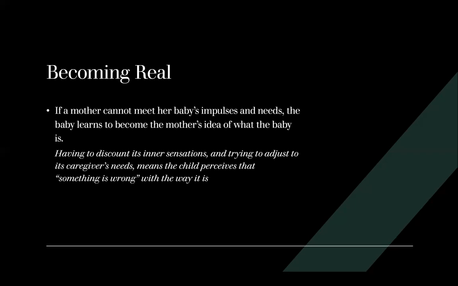So when you're discounting these inner sensations and trying to adjust to what the caregiver needs, you perceive yourself potentially as something being wrong, or that I'm not allowed to just be me. I must play a role. I must do something to provide for a caregiver, when at that point in development, it's really not bi-directional. The child's not supposed to provide the caregiver anything.